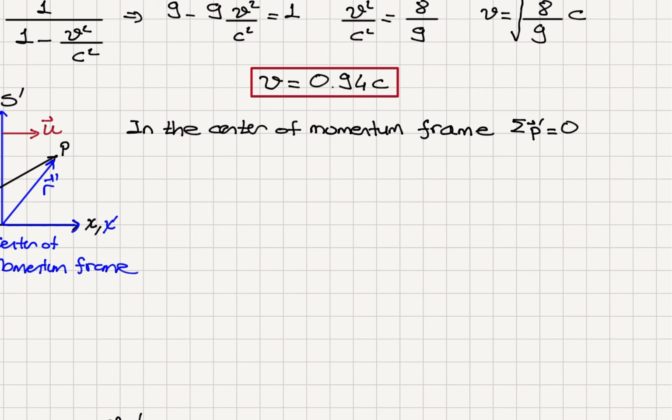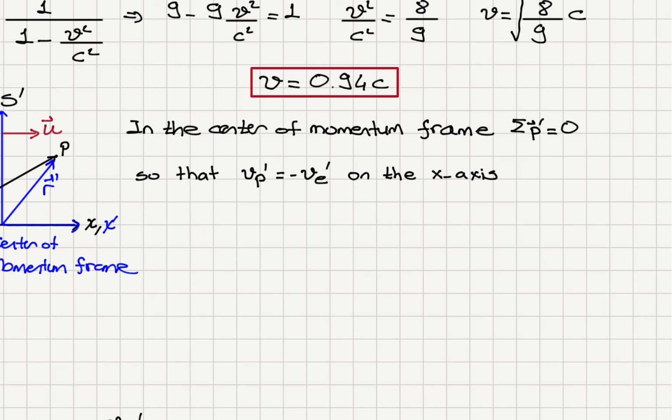That means if we measure the velocity of the positron in the primed reference frame, that must be equal to minus the velocity of the electron on the x-axis, because the motion is on the x-axis.